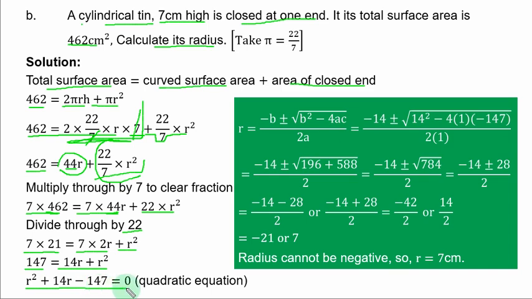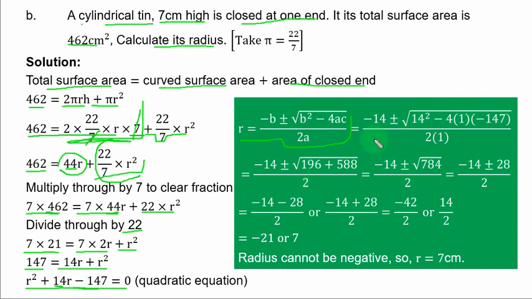Let us solve by quadratic formula. This is the formula. r is what you are looking for. So b is 14, coefficient of r. Sorry, a is 1, coefficient of r squared, and c, the constant term, is minus 147.